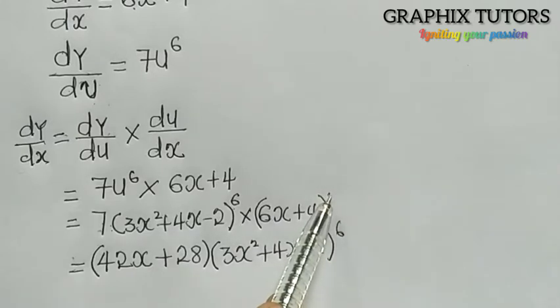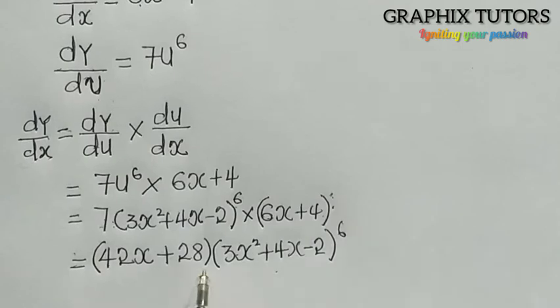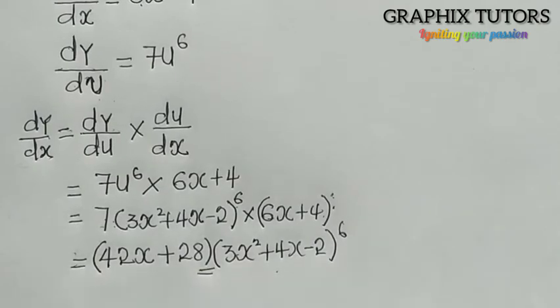Assuming this had a power of 2 now, it would be very difficult to multiply. So either I leave it this way or that way. Any choice, the choice is mine. That is case 1.